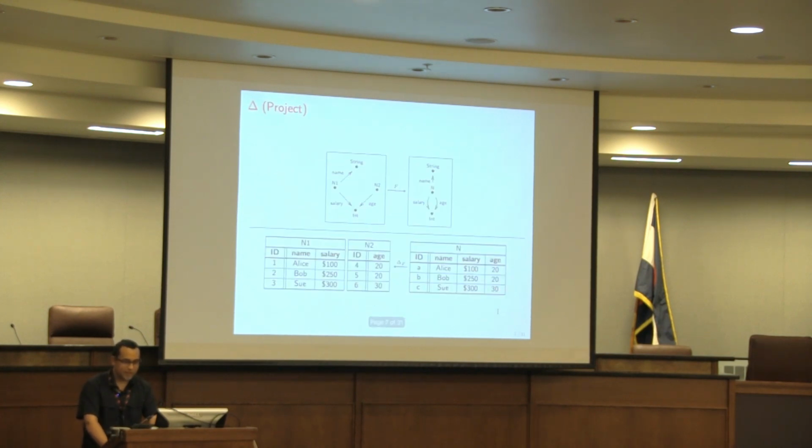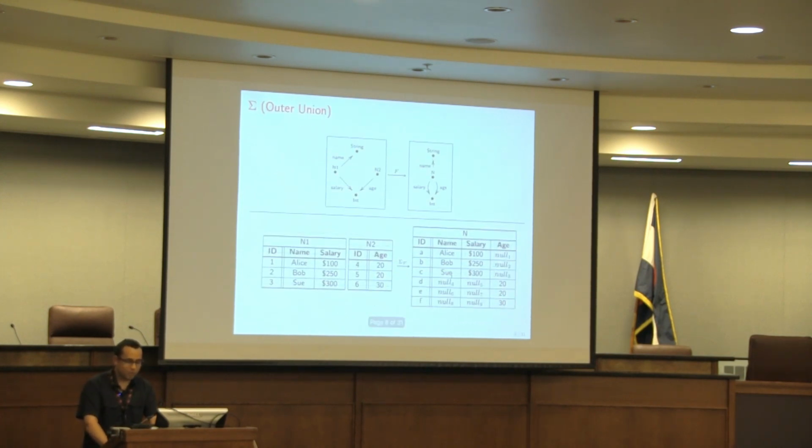So in fact, these operations, I'm only showing you part of what's going on, because here I'm telling you what happens on the objects in this category. But if you were to give me a morphism of database instances, this thing would also run delta, sigma, or pi on the morphism of instances. So there's more to it that I'm not showing.